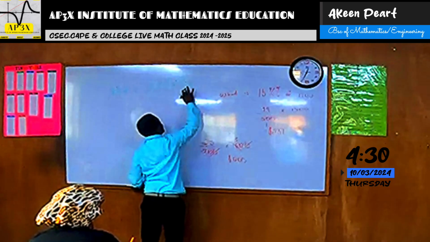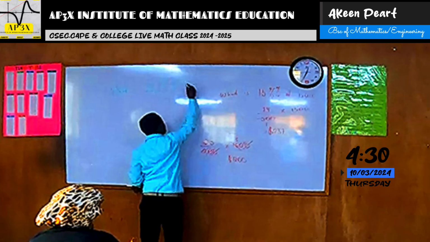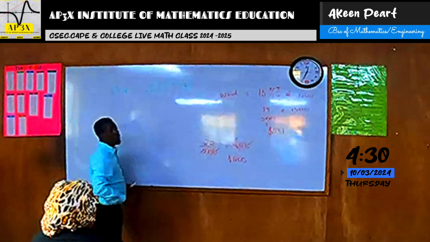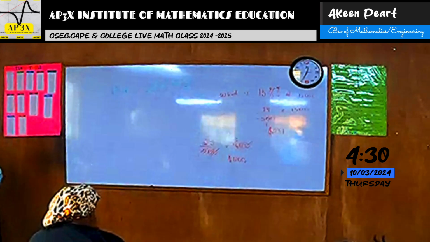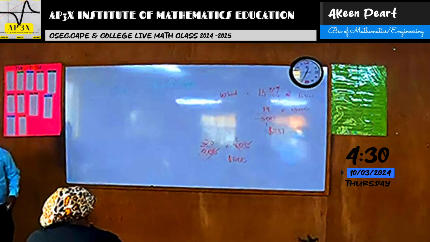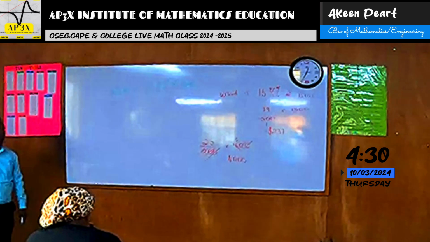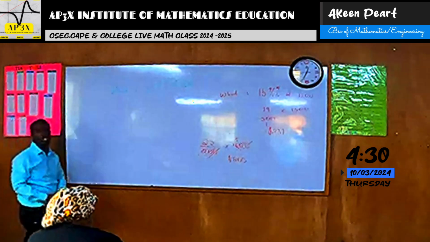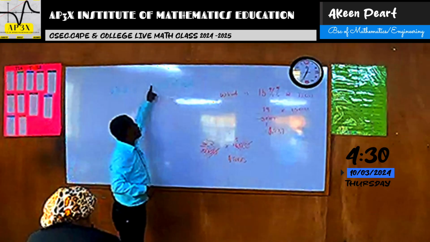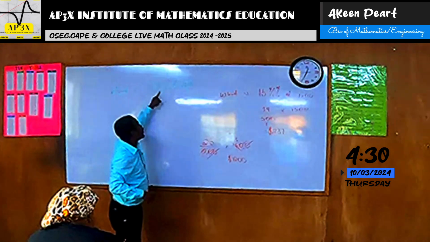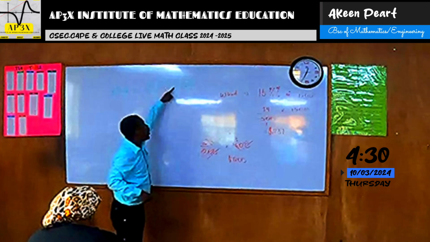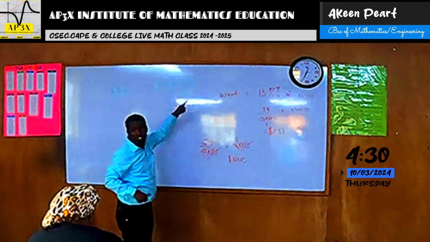No, I'm not trying to make it too difficult. I just want you to be able to use this method to your advantage. What is 25 and 1/5% of 2,500?